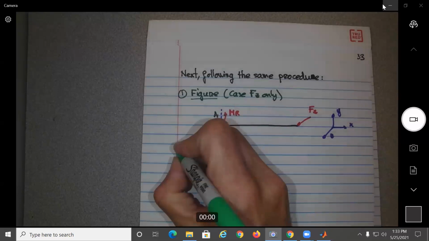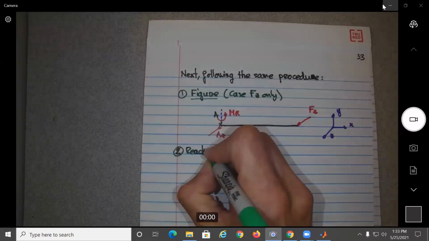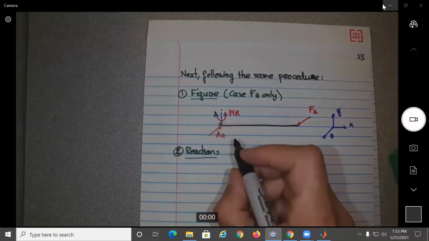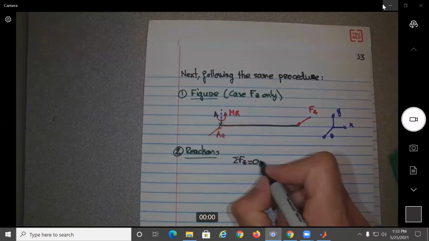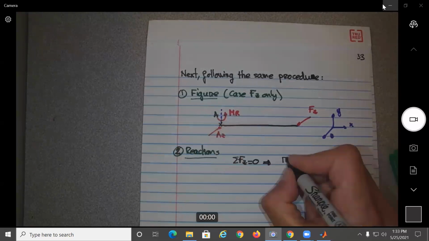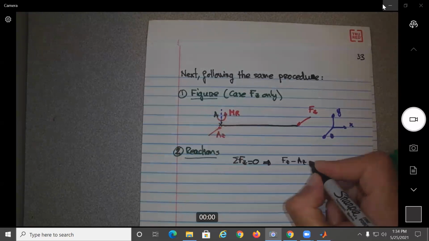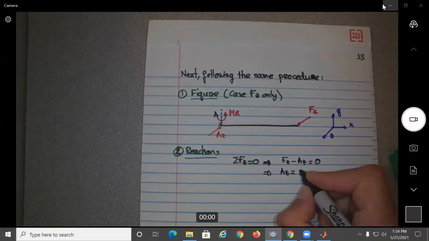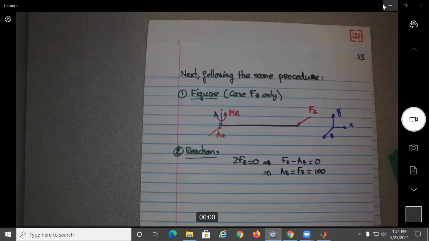Two reactions. This time, instead of taking forces on the y, we take forces on the z. We get Fz minus Az equal to 0. So Az equal to Fz equal to 100. Is that correct? Yeah.